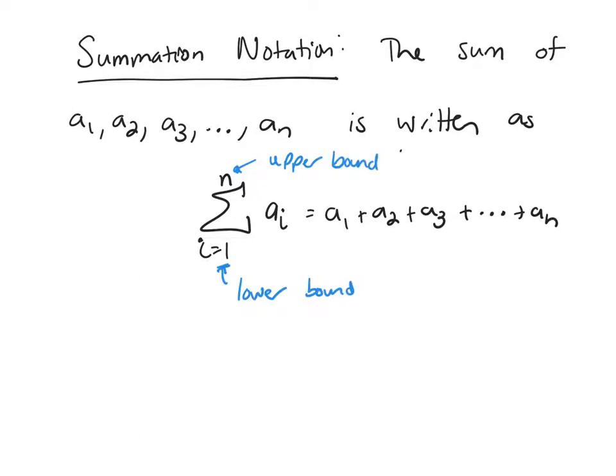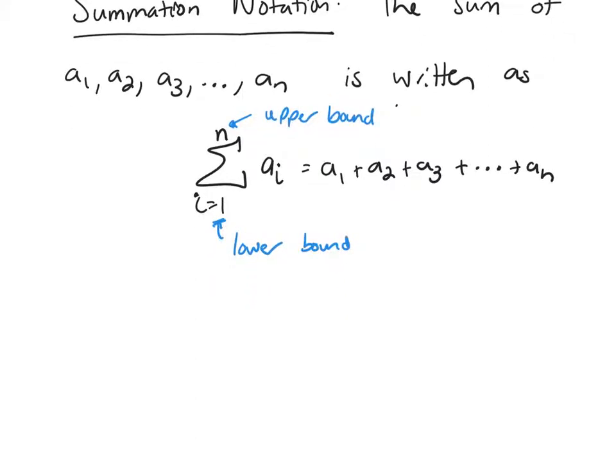So this is your ending value for i. And then we call i the index of the summation. So it's your variable. And then we would call the term ai the ith term.